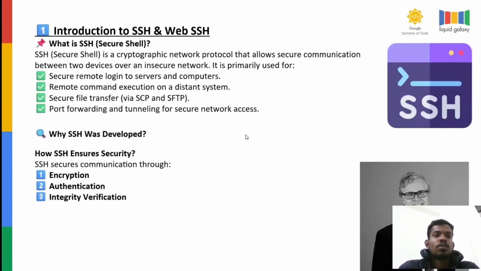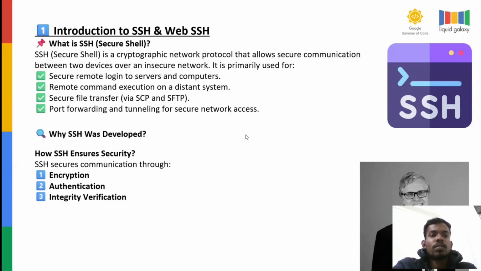So let's start with the introduction of SSH. SSH stands for Secure Shell. It is a cryptographic network protocol that allows users to securely communicate between two devices over an insecure connection. It is primarily used for four main reasons.